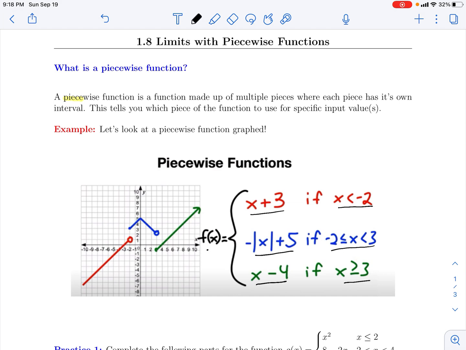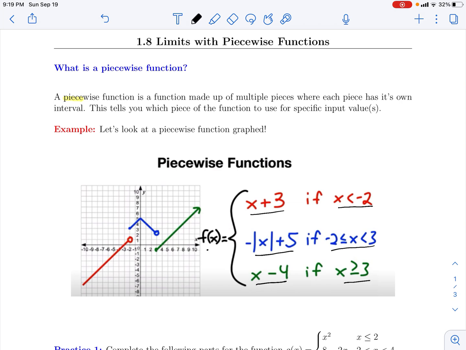On the left, the part highlighted in red represents the first piece of the piecewise function. The part in blue is the second piece, and the part in green is the third piece. To graph this, for the first piece, they're just taking values that are less than negative 2 and plugging them into the function x plus 3.